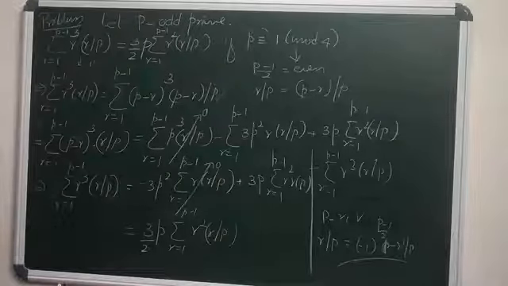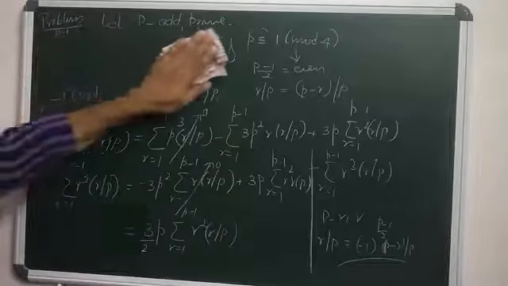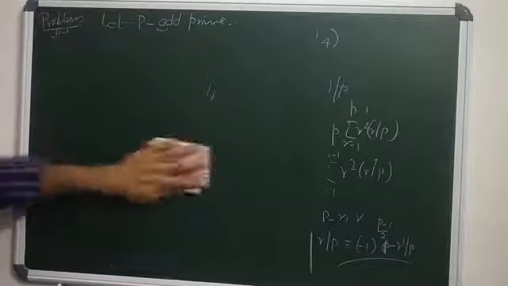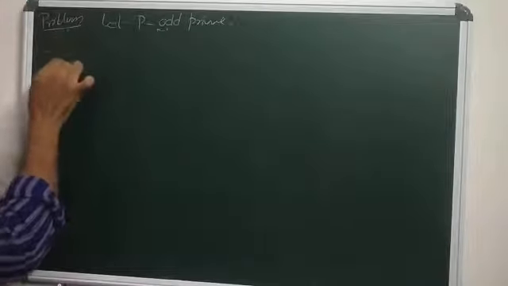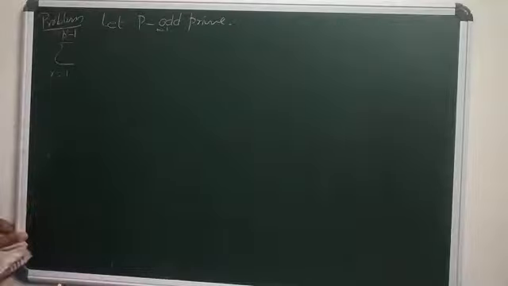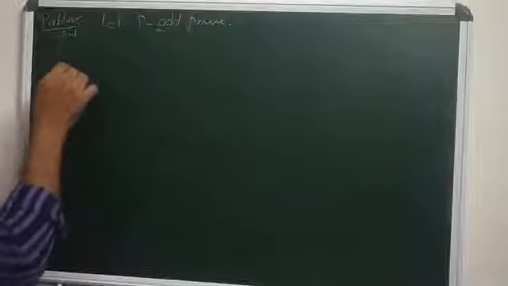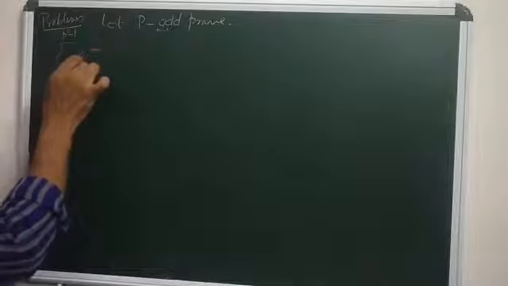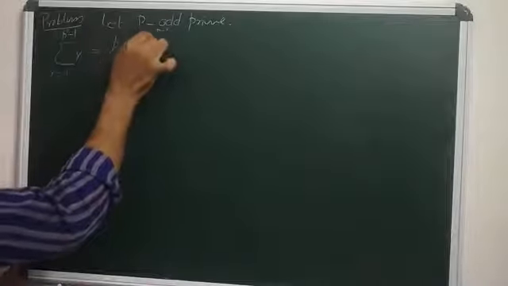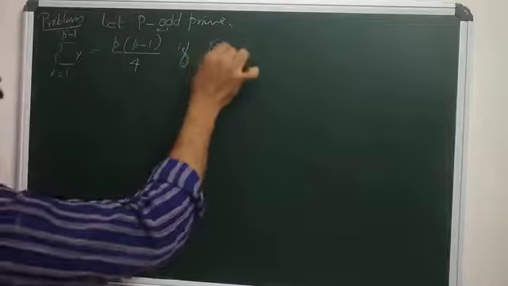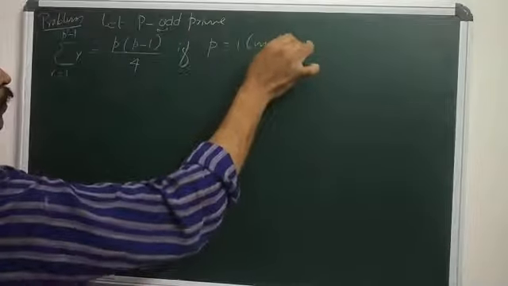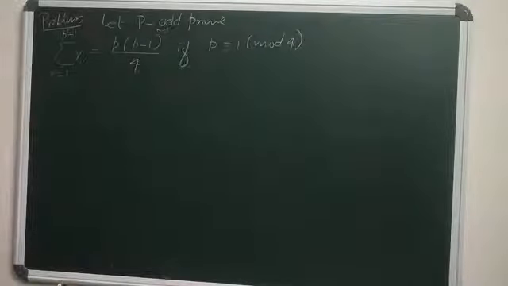That is, if P is an odd prime, then sigma R ranges from 1 to P minus 1 of R, simply R, equals P into P minus 1 by 4 if P is congruent to 1 mod 4.